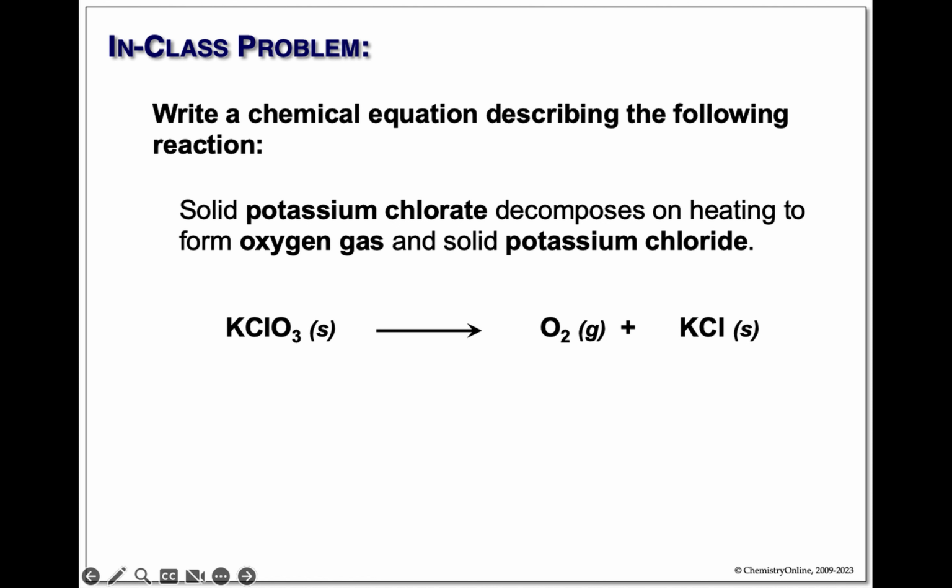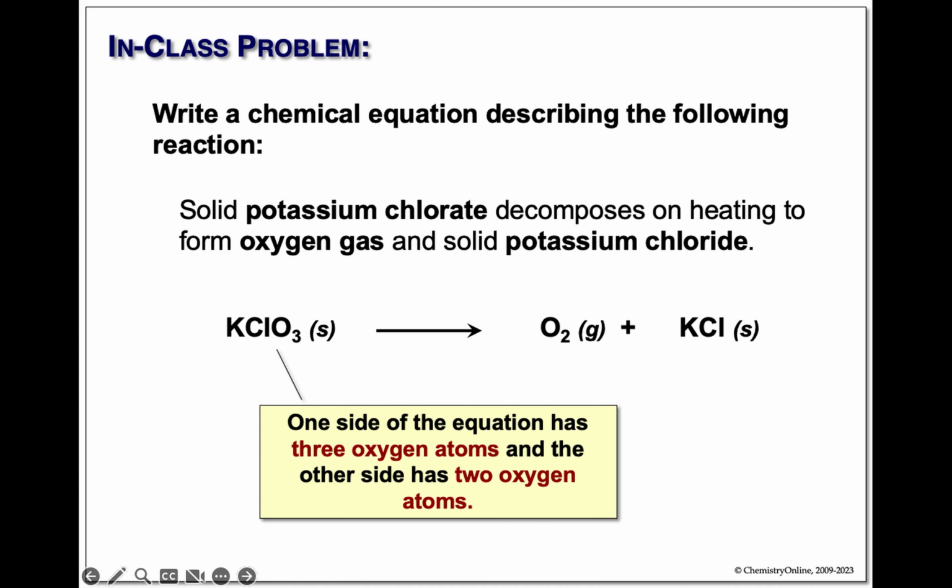Now, let's do the odd-even trick. We have 3 oxygens, we have 2 oxygens. Let's start off by making oxygen equal or even on both sides. Simplest way to do that is to put a 2 in front of the potassium chlorate.